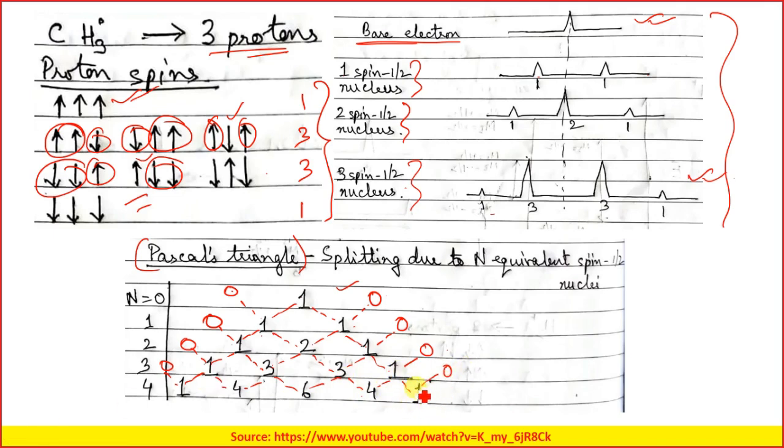So, depending upon how many protons are in the vicinity of that bare electron, you can have the splitting of the electron signal as per Pascal's triangle.